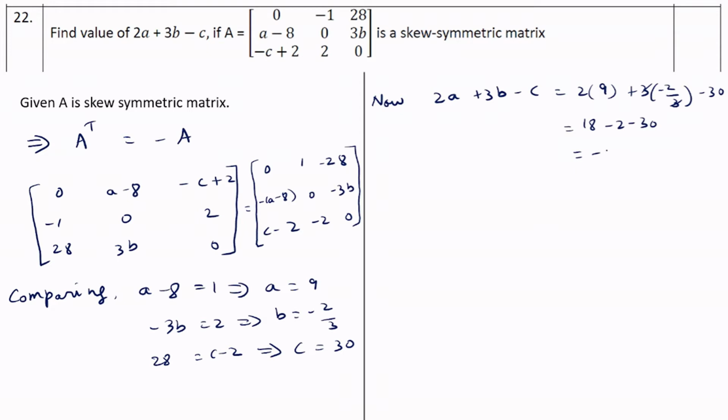So this is minus 14. Therefore, 2a plus 3b minus c equal to negative 14. So here finding the values of a, b and c carries 1 mark, and finding the value of 2a plus 3b minus c equal to minus 14 carries 1 mark.